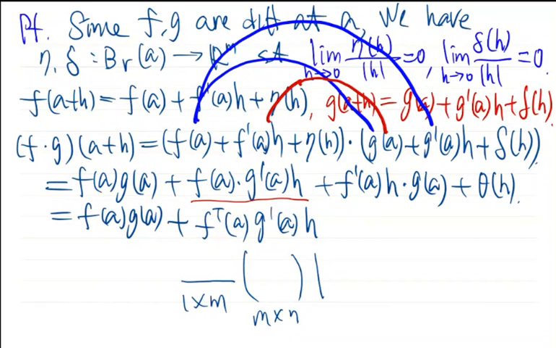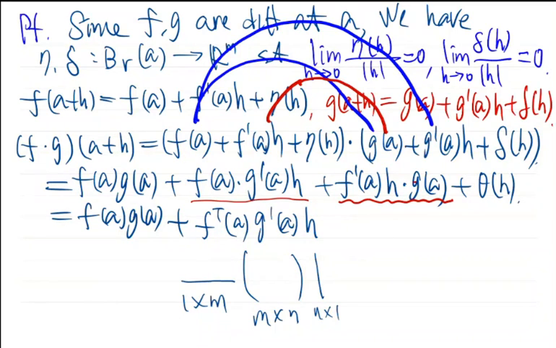So this multiplication is 1 by n times n by 1, which is a real number, a 1 by 1 matrix. Similarly, for the second term here, we switch g(a) and f'(a)h, switching these two factors of the inner product.